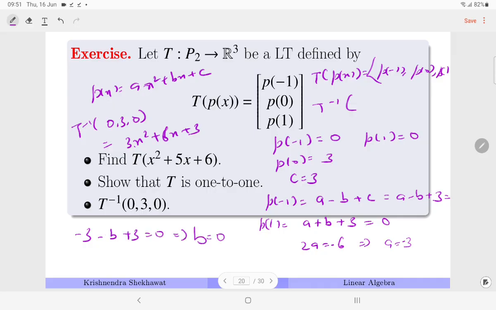That gives you b is equal to 0. So sometimes it may happen that you make a very small calculation mistake, and therefore T inverse of (0, 3, 0) is ax square, which is minus 3x square plus 3.